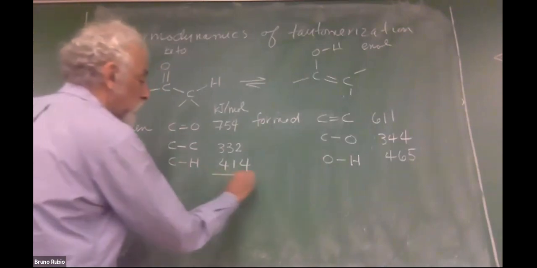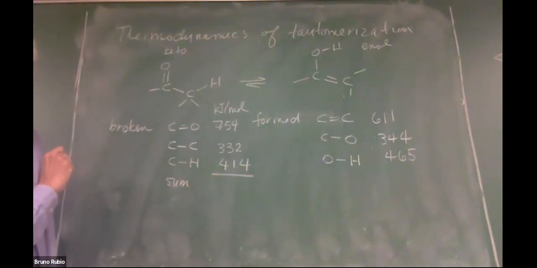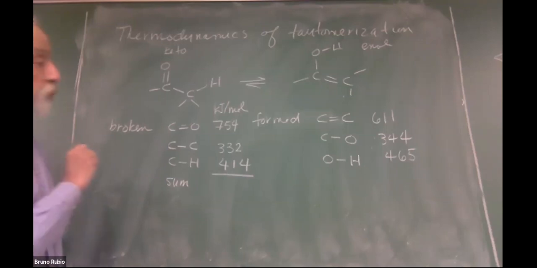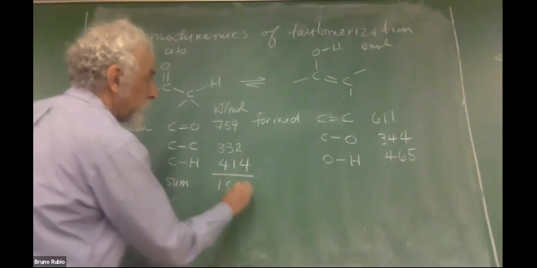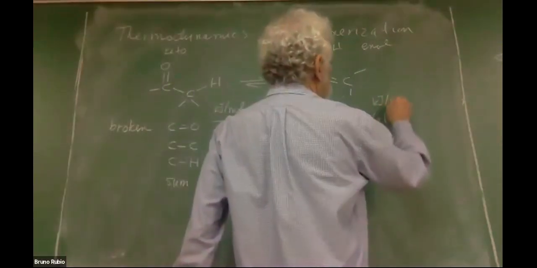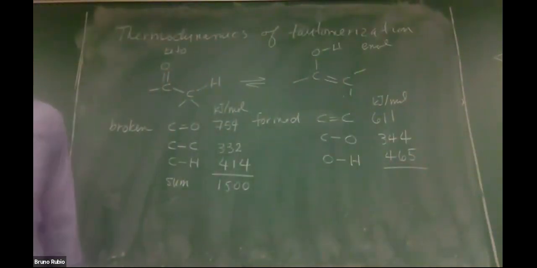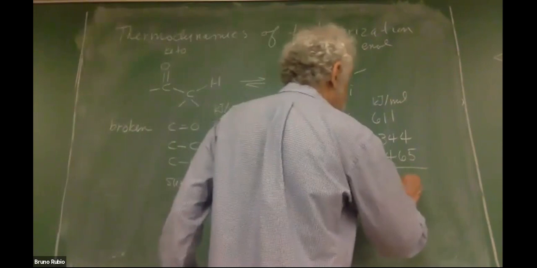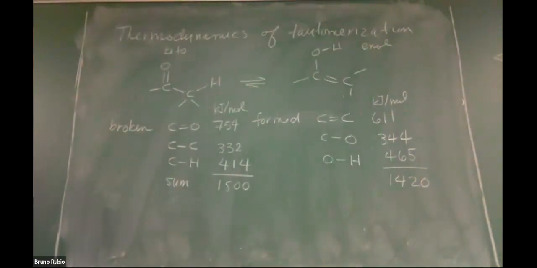Okay, total, the sum of the bonds that were broken, this works out to, I got 1,500 kilojoules per mole. This is all kilojoules per mole. The sum of the bonds that were formed, I got 1,420 kilojoules per mole. Okay, so now I'm ready to come up with the big payoff.